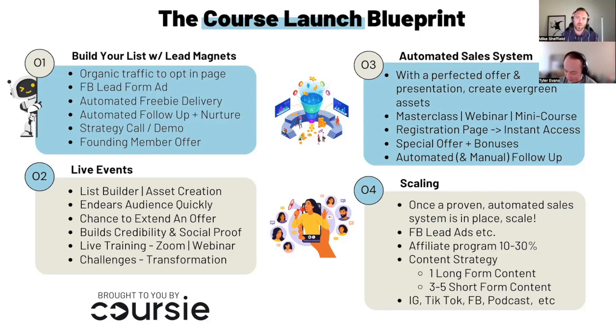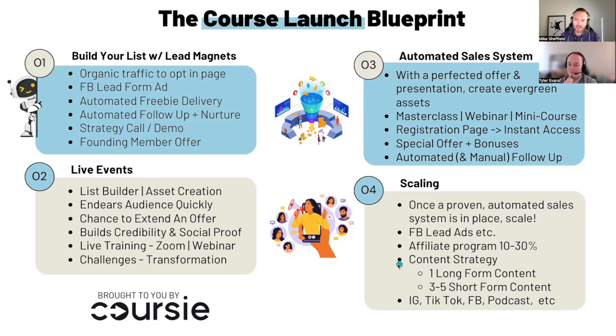And again, in Coursey, we have an affiliate management area where you can create affiliates, track their affiliate pay, and give them affiliate links that are for them. And usually I recommend doing 10 to 30% of your course sale as an affiliate price for them, because you don't have to pay for a Facebook lead or advertising. It just comes in through their recommendation, right?